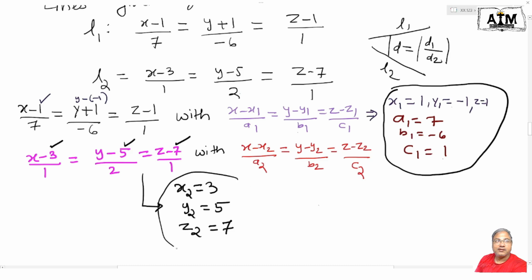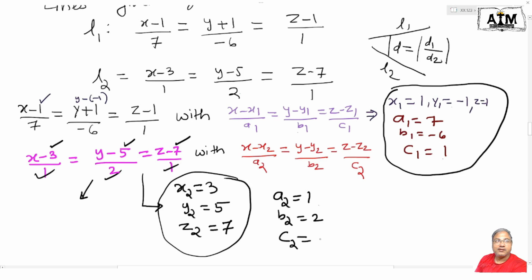After getting these coordinates, now find the direction ratios for the second line: a2 equals 1, b2 equals 2, and c2 equals 1. After getting coordinates and direction ratios, we need to find the values of d1 and d2.